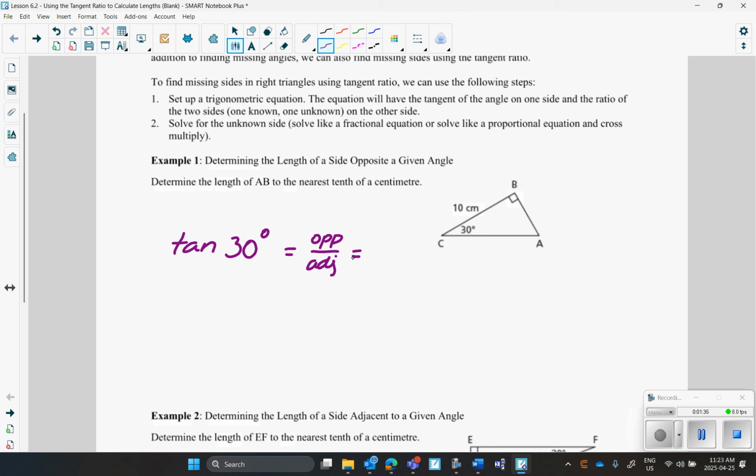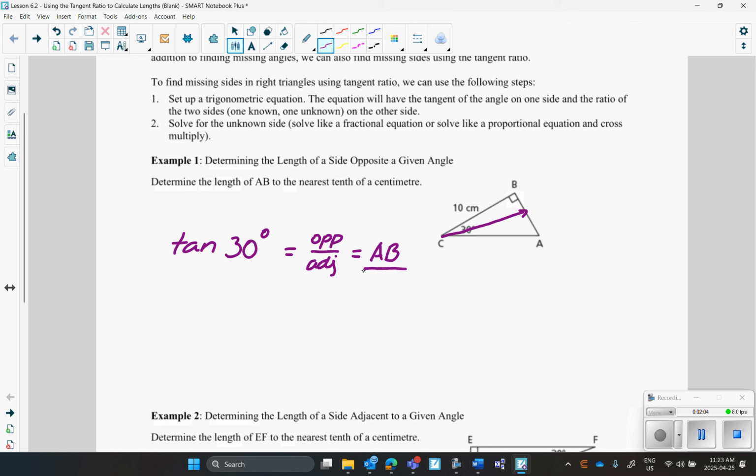What side is opposite 30 degrees? What do I name this side? What can I call it? Not A, no. You've got to use 2 letters, or you've got to use a lowercase letter. There's no lowercase letter here, so we can say AB. Don't just say A or B, because then you're talking about an angle.